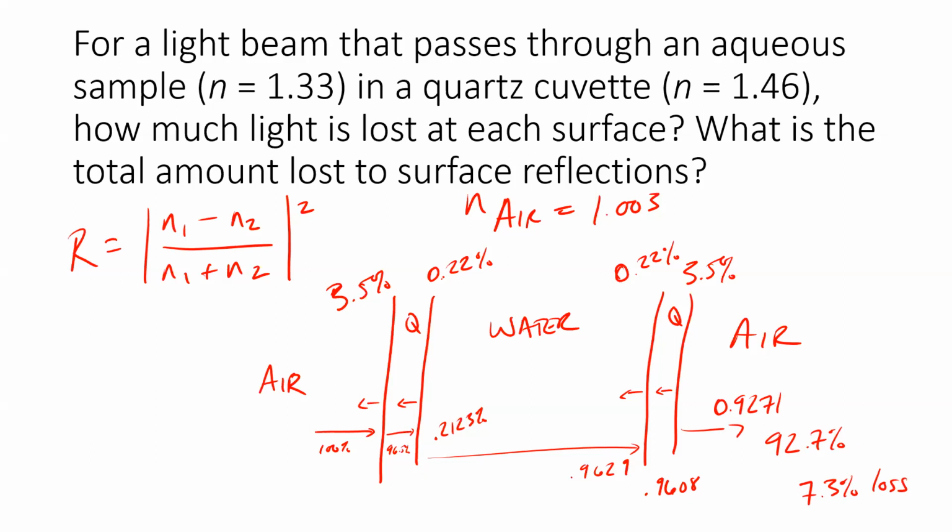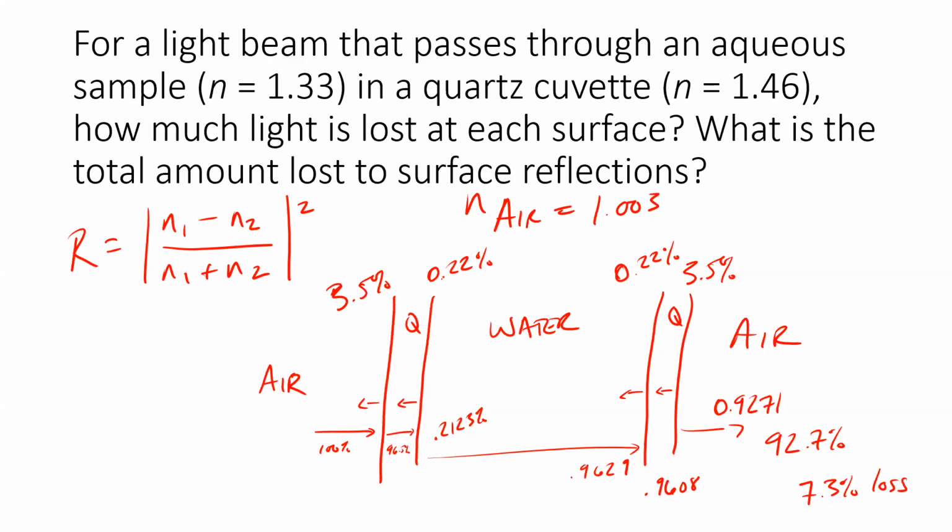All right. Do you follow that logic? Do you follow that process? Right? And so the loss from reflectance is 7.3%, not 7.44, because we're not always losing from 100. We're losing from whatever it is at that point. Okay.